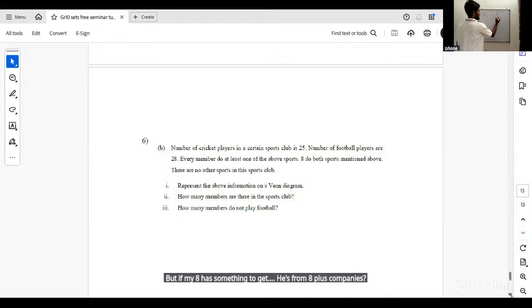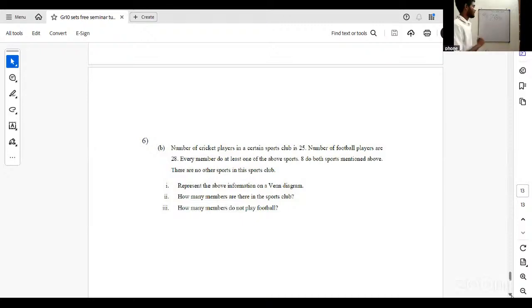So how many members are supposed to be in the section? It is 45 members. 20 plus 5 plus 20 is 45.